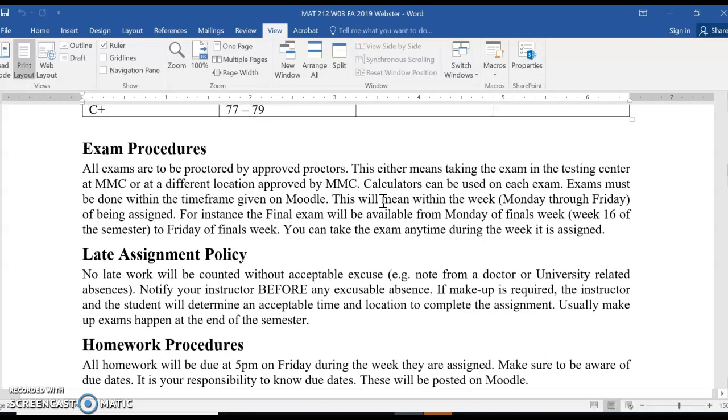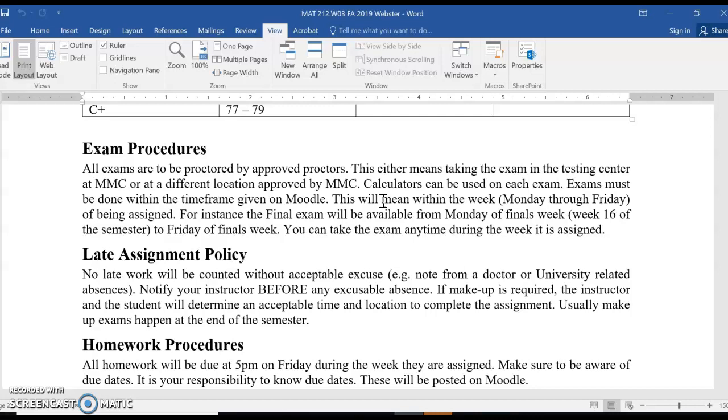Now, as far as exams go, every exam has to be done in a proctored location, and that can either be at one of Mid-Michigan's testing centers, or if you have a place like a library close to you, you will have to have those libraries send me the contact person, and then I will email back and forth with the contact person, and Mid can approve those or disapprove those.